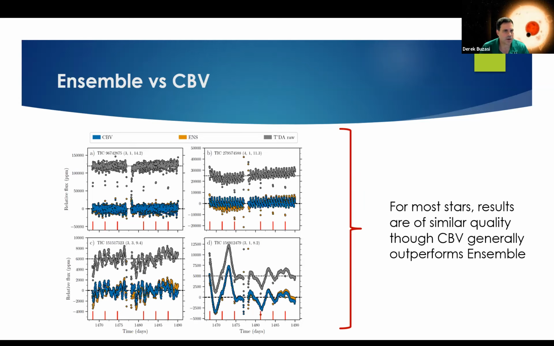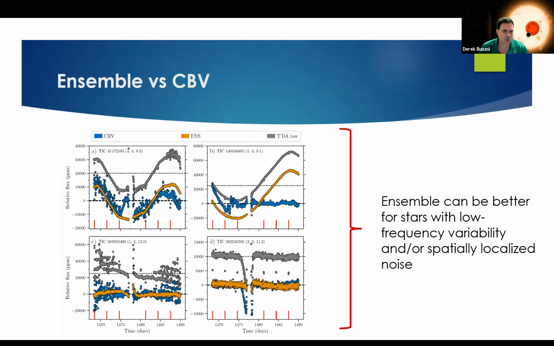The CBV method, for the ones shown here, tends to do a better job of removing what are probably systematics from the spacecraft. However, there are times where the ensemble method does work better, and that's typically the case where you have stars with low frequency variability, so long, slow variations, and or just spatially localized noise, whether from scattered light or issues with guidance or anything like that.